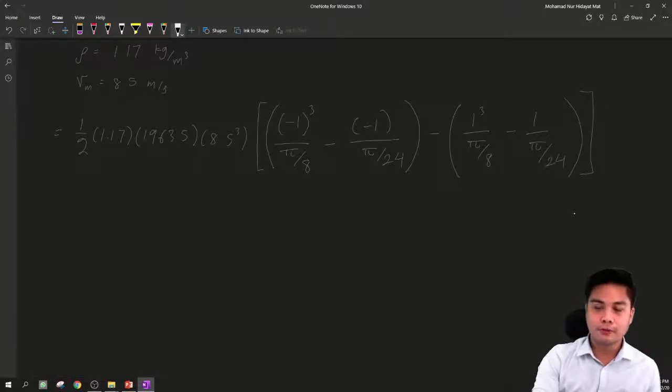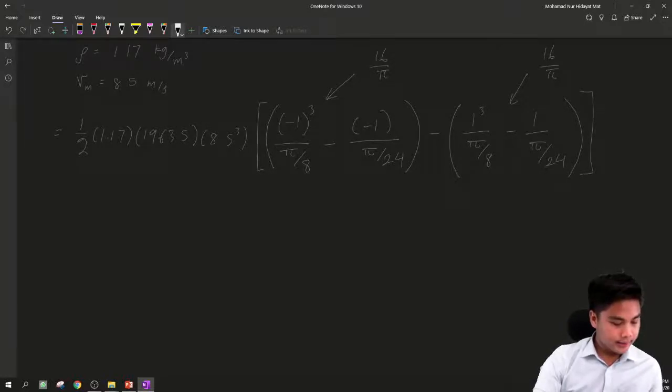So try to solve this on your own, alright? And then you will get this one to be 16 over pi. This one to be 16 over pi. And okay, this one you will get negative.